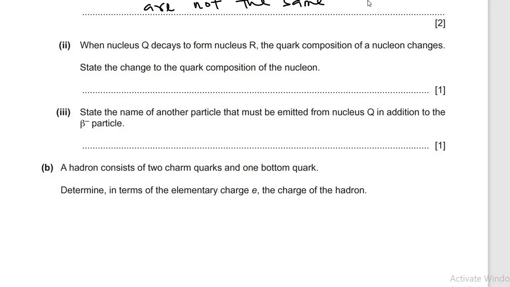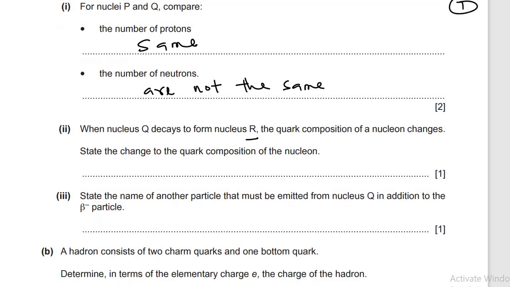When nucleus Q decays to form R, the quark composition of the nucleon changes. State the change of the quark composition. Now let's see this. Q decays to form R by emitting beta negative. Normally a neutron changes to a proton by emitting beta negative and an anti-neutrino.